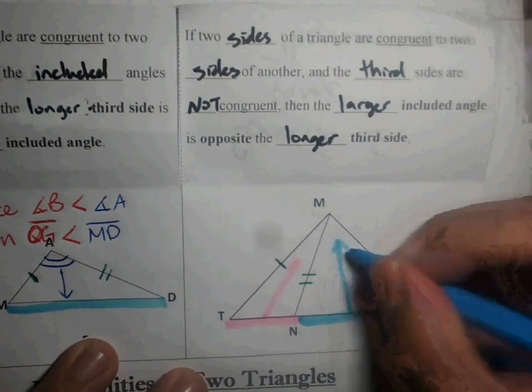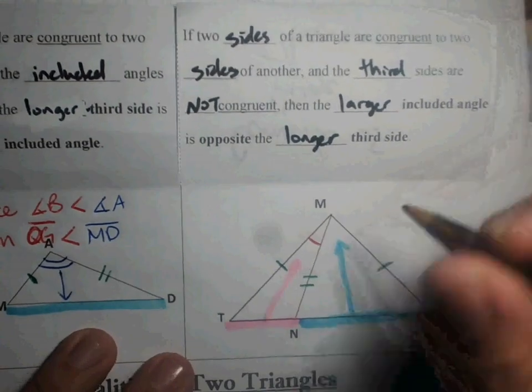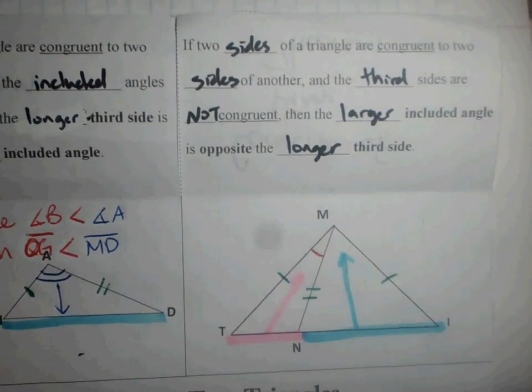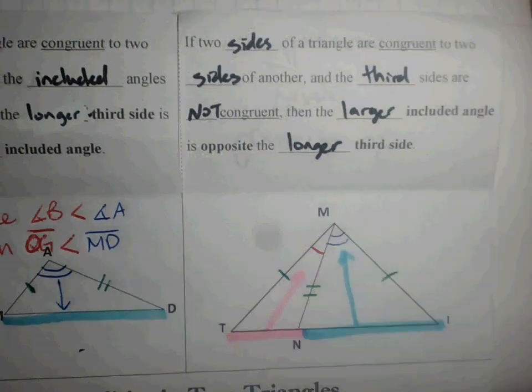So again, it just goes to show how it was before. This angle here is different than this angle right here. They're not congruent.